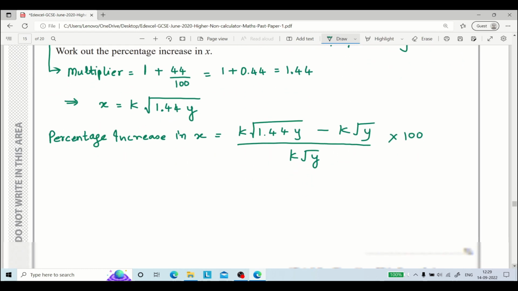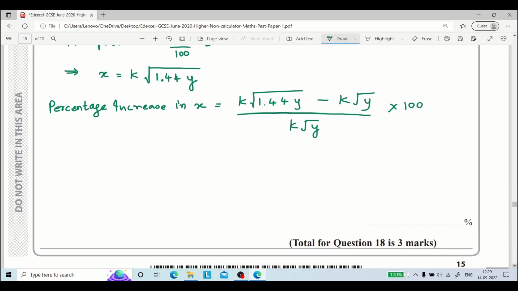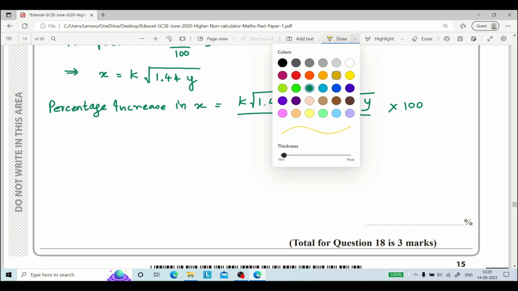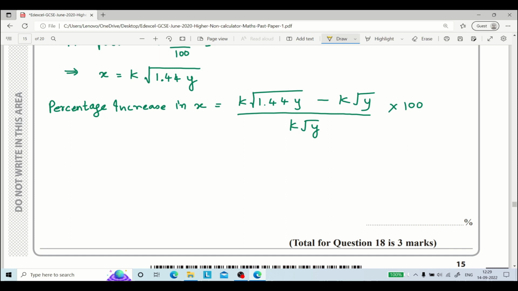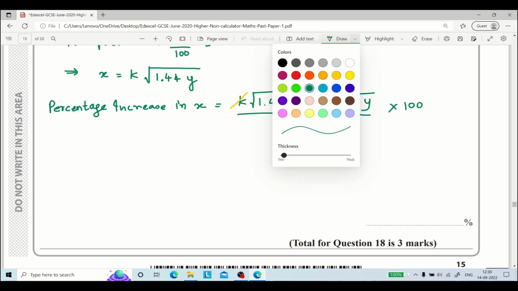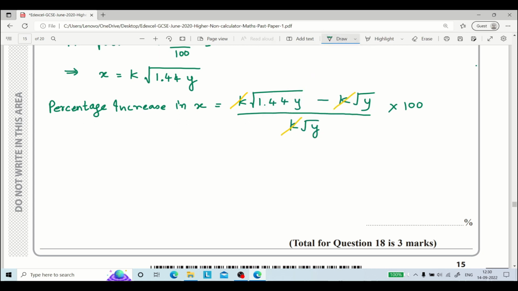So yes, let's solve this. If you carefully observe, can we cancel out k from everywhere? Yes, by taking out k, you can cancel it out. You're taking k common everywhere. That's the rule of algebra. So that will leave you with under root 1.44y minus under root y upon root y.